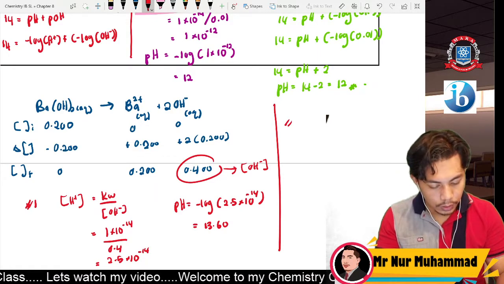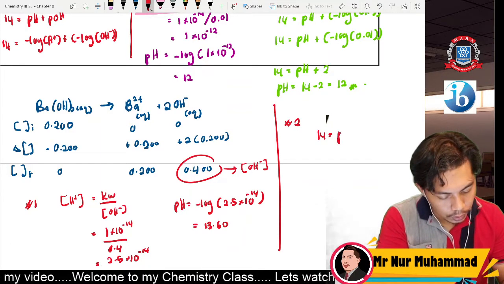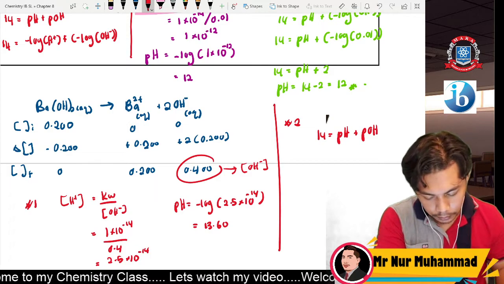How about the second method? We can use 14 equal to pH plus pOH.